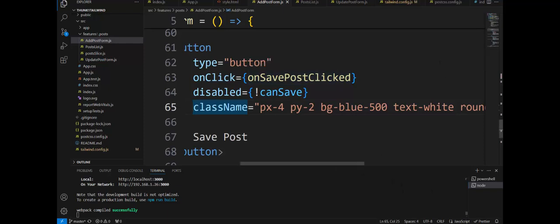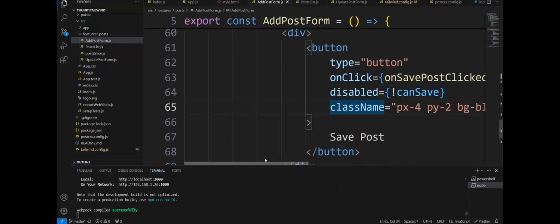Again, what is the base knowledge? Base knowledge, absolutely, is cascading style sheets. You must know CSS to use Tailwind. Of course, you can work only in Tailwind without knowledge of CSS, but it would be robotic.